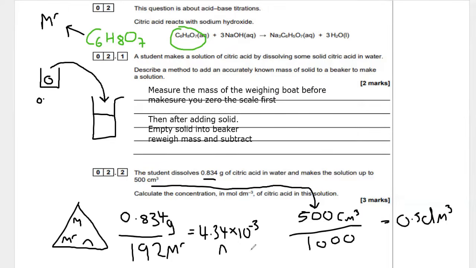We're now going to go moles over dm, so N over V equals C, and that's our concentration. So divide that by 0.5, and we get 8.6875 times 10 to the -3.